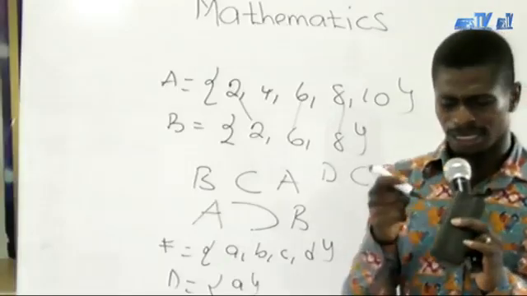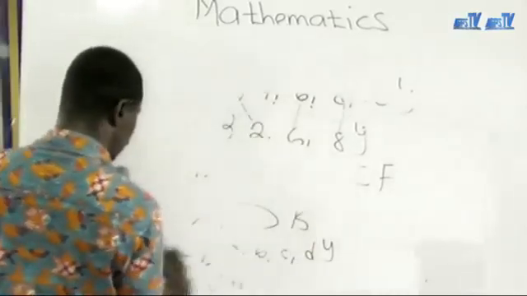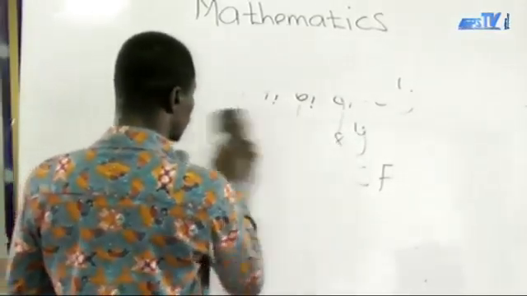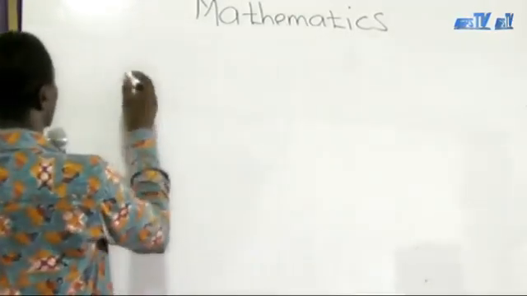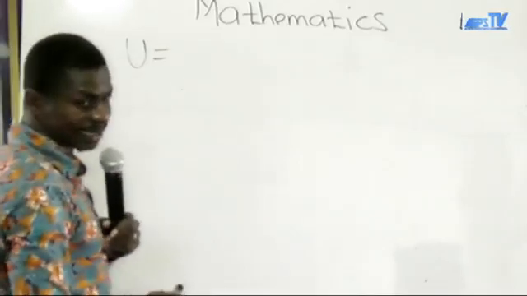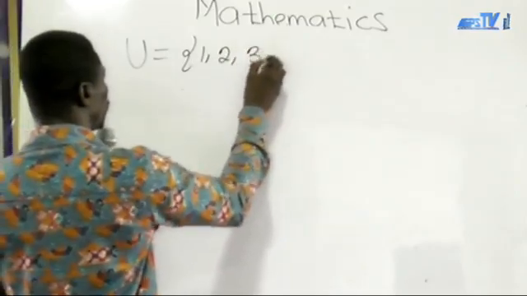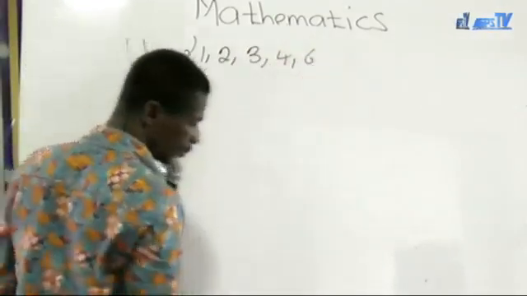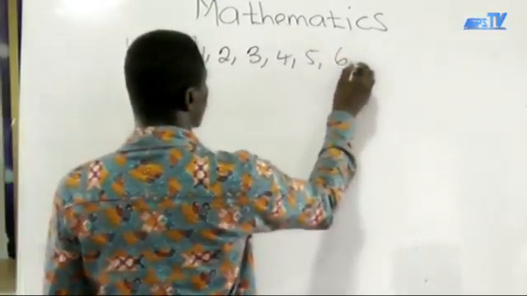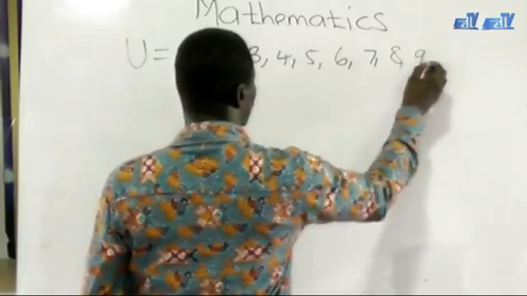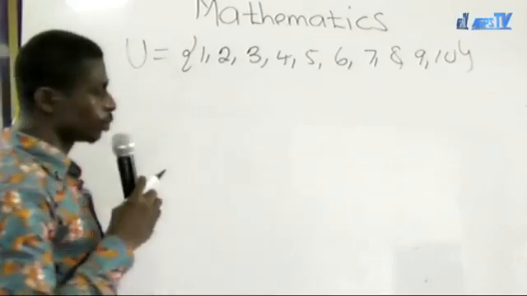In other words, let me assume that I have U, being the universal set, and my universal set is 1, 2, and so on. So these are the set members of set U.